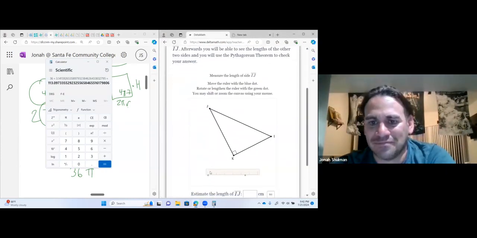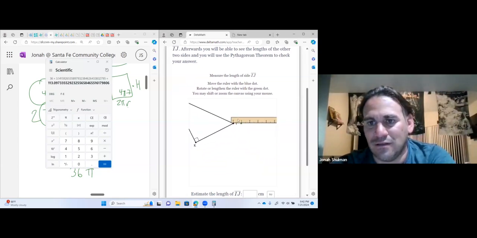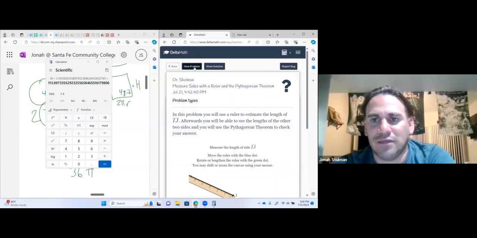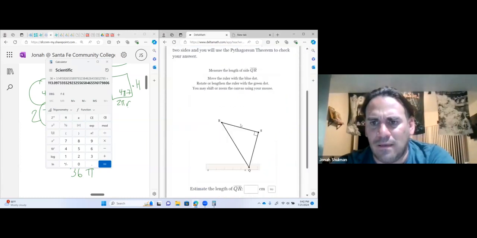All right, let's do it. Pythagorean theorem. So let's measure IJ. Guess I got to do it again. Measure the length of QR.